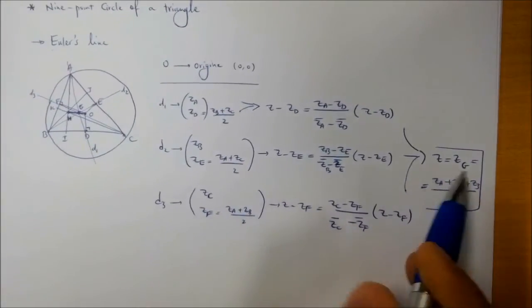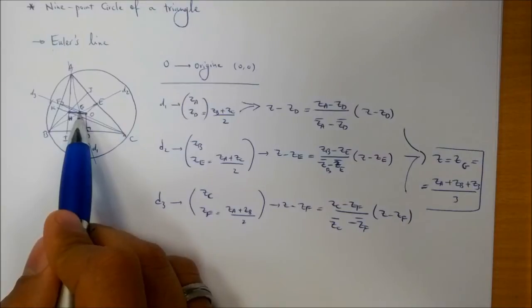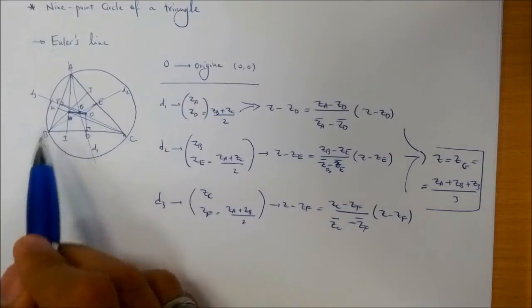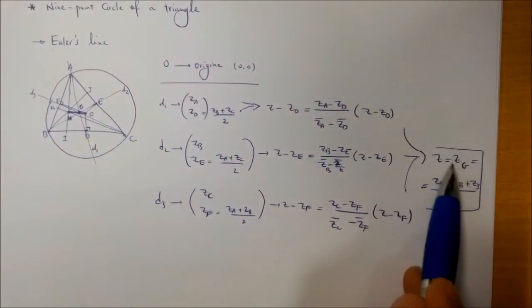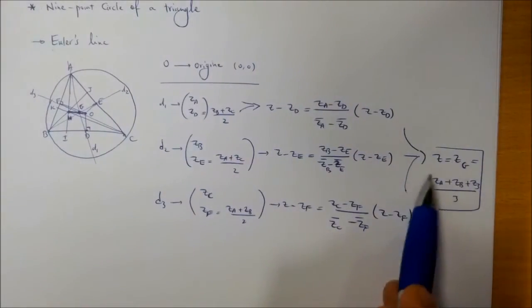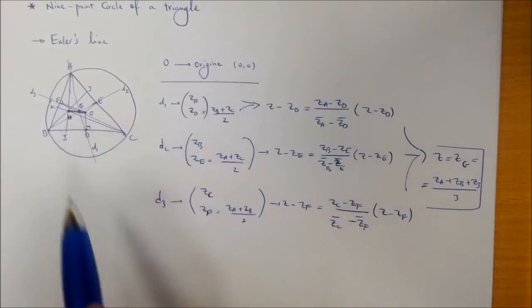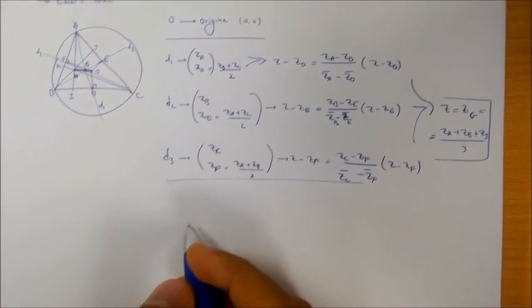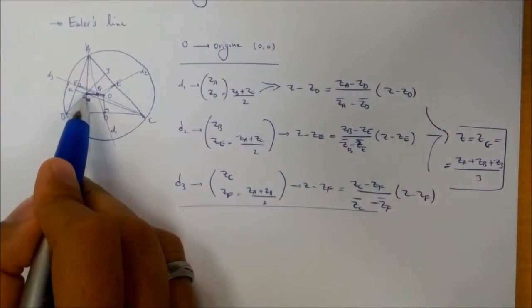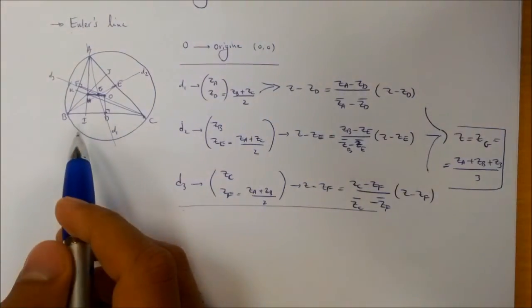So we have calculated the center of mass of the triangle in terms of the components of each of the vertices. So the second problem is to identify the orthocenter of this triangle, the point H.